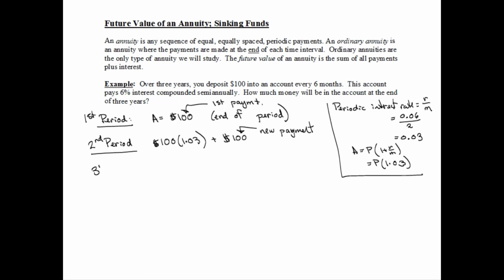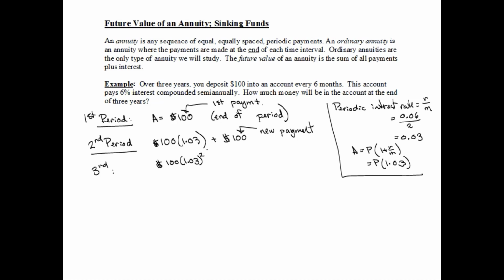Now we move to the third compounding period. Now our new principal, for this first term, is the 100 times 1.03. That's the principal, so that would be the P over here, but then it's getting multiplied by 1.03 again.